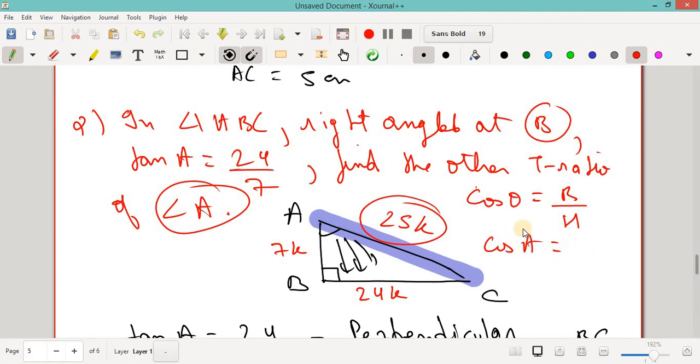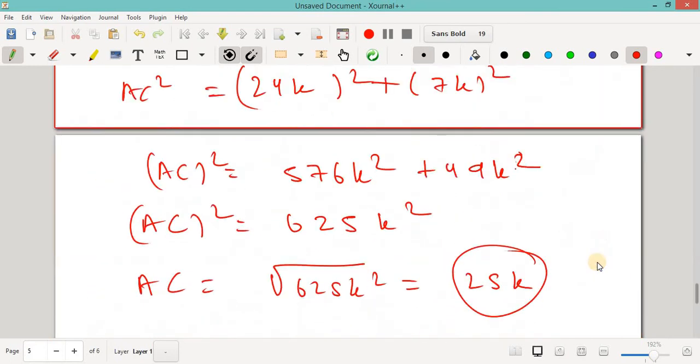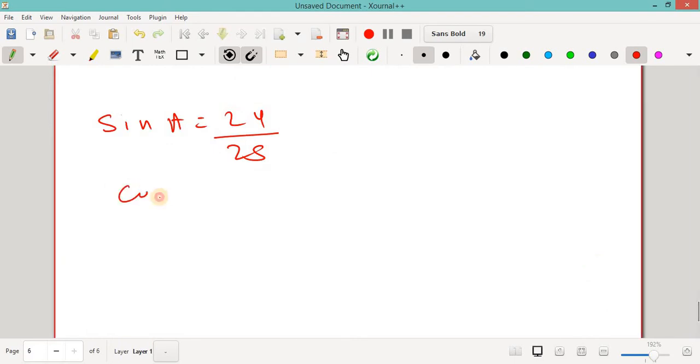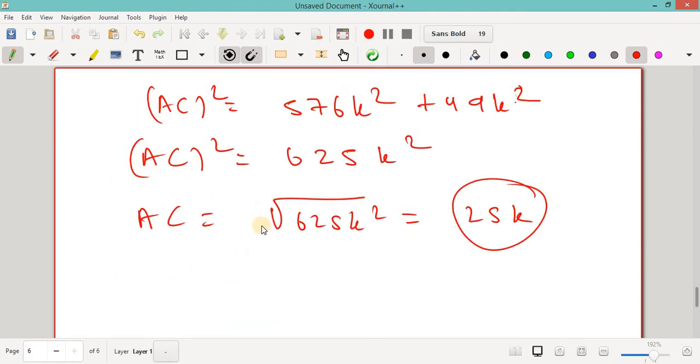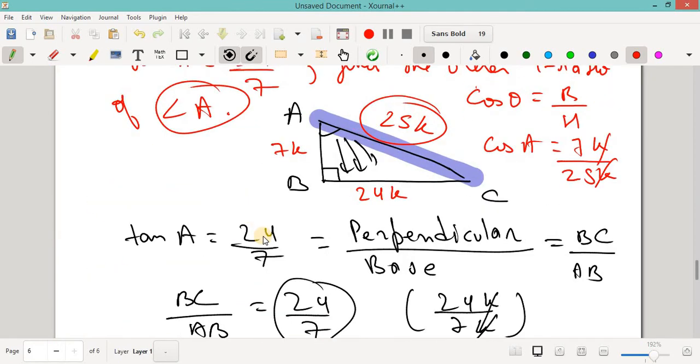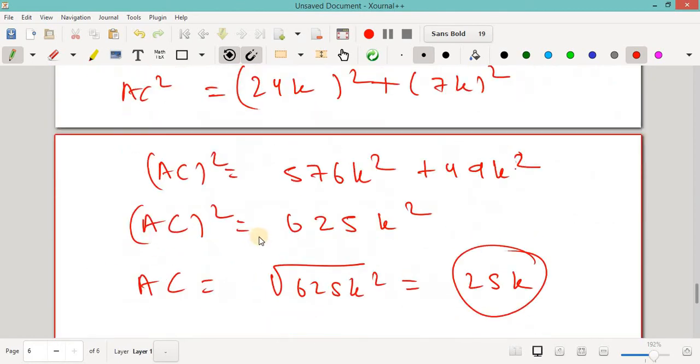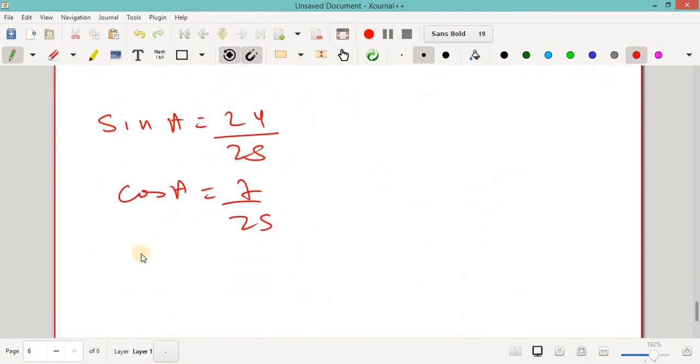So cos A is what? Base by hypotenuse, some people have curly brown hair. So base is 7k and this is 25k. So cos A is 7 by 25. And tan A is already given, that is 24 by 7.